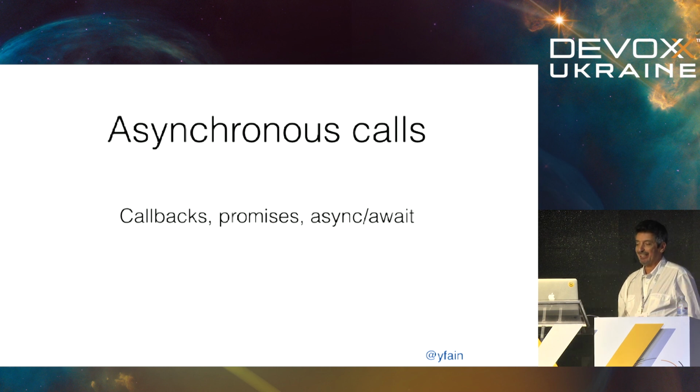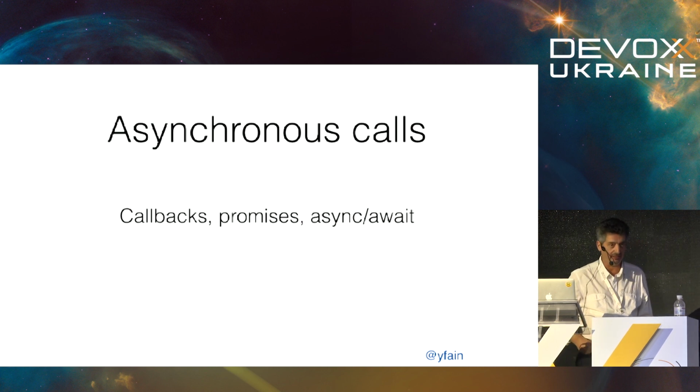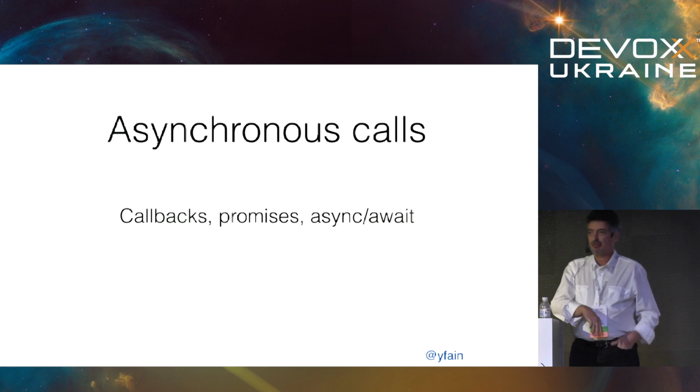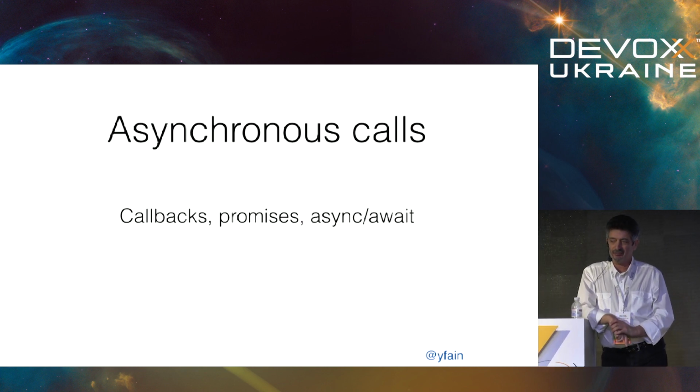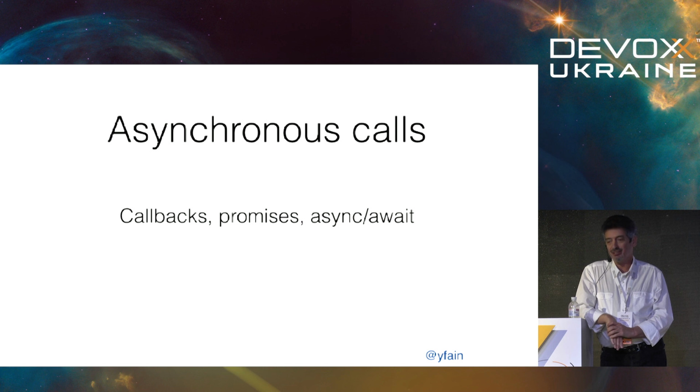Now let's talk about asynchronous calls. Callbacks, promises, async-await. Before even going there, let me tell you something about JavaScript as a language and about the asynchronicity of this language. JavaScript as a language is a single-threaded language, period.